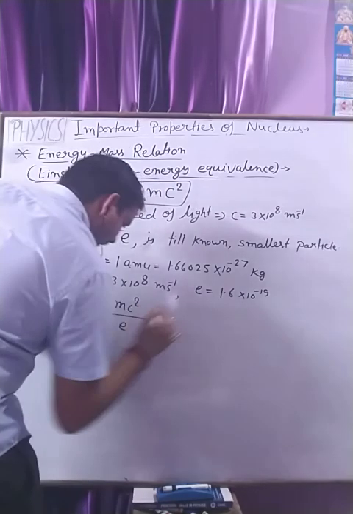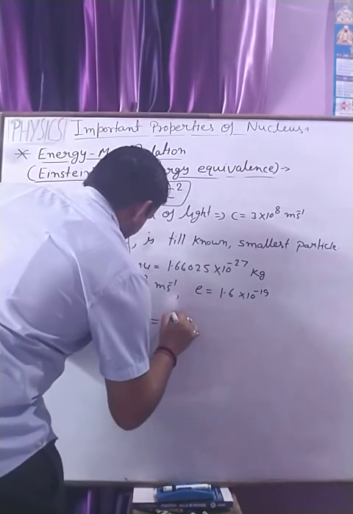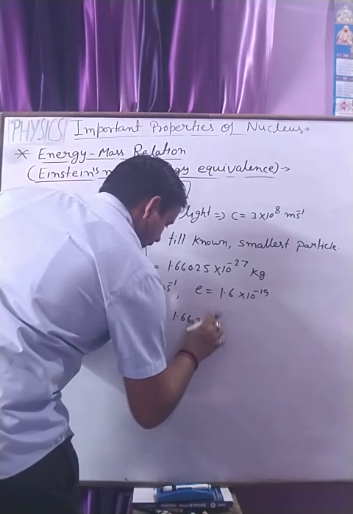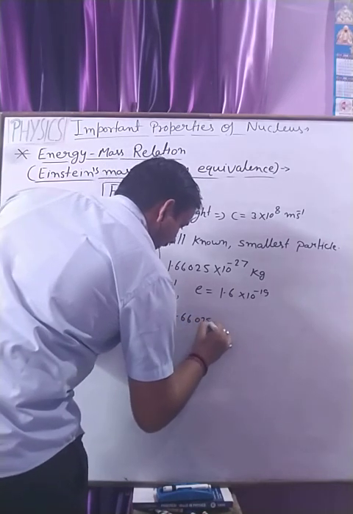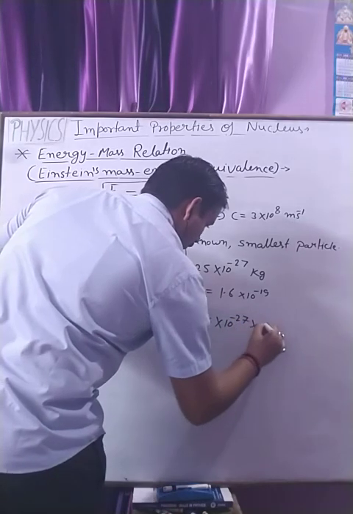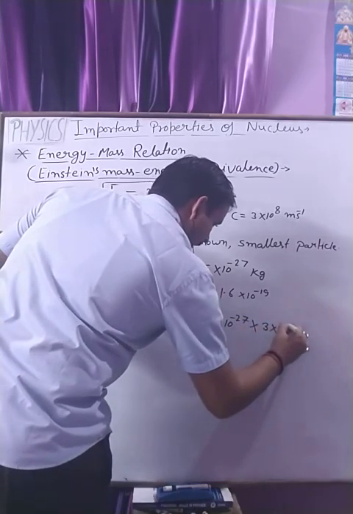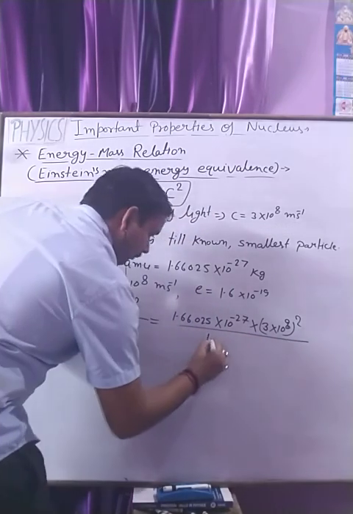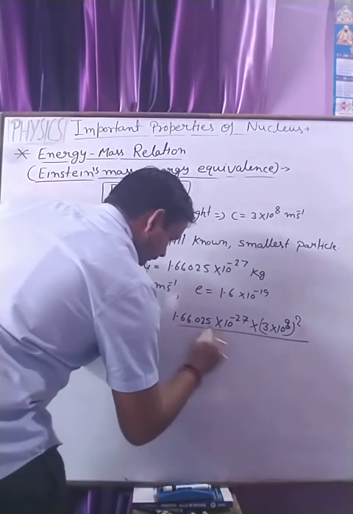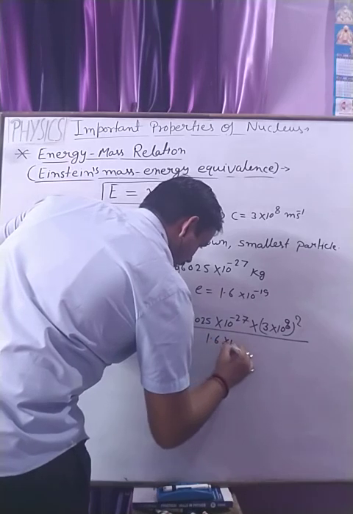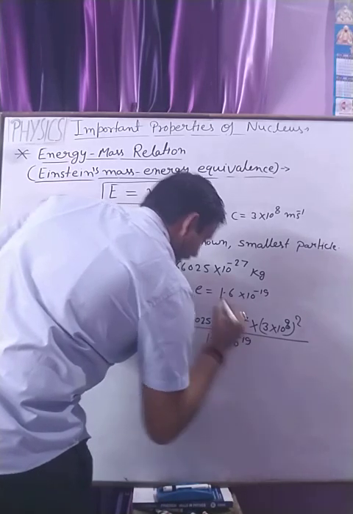Okay, that is 1.66025 into 10 to the power minus 27 into 3 into 10 to the power 8 whole square upon 1.6 into 10 to the power minus 19.